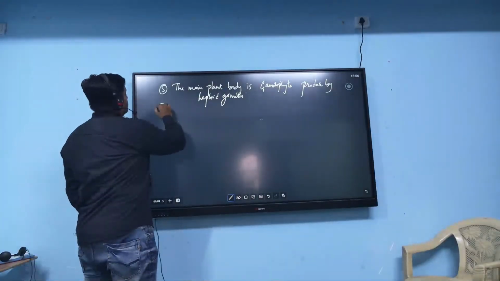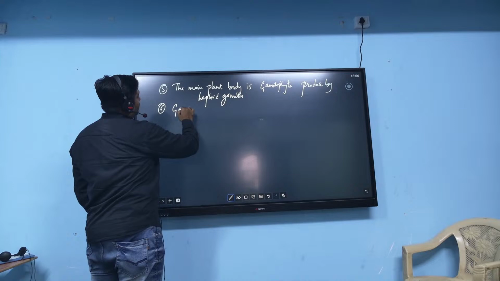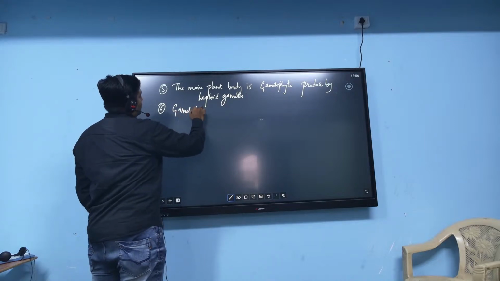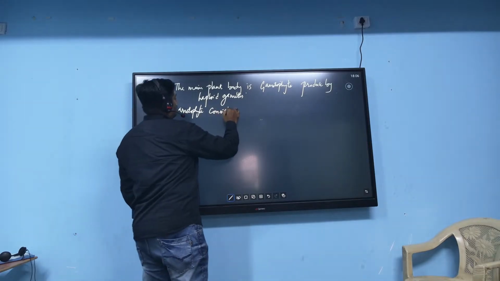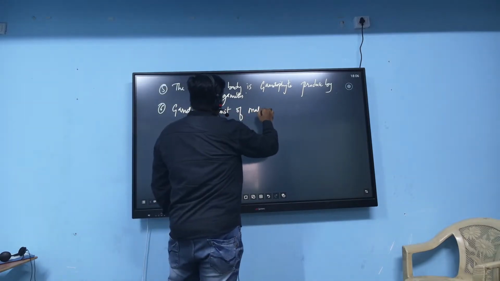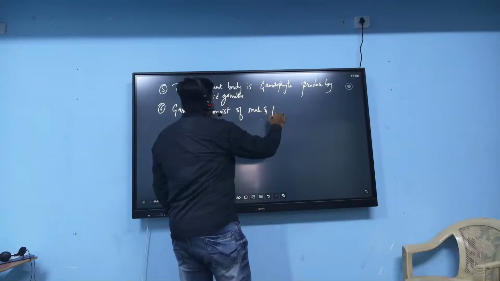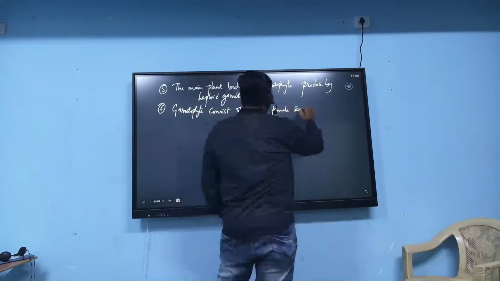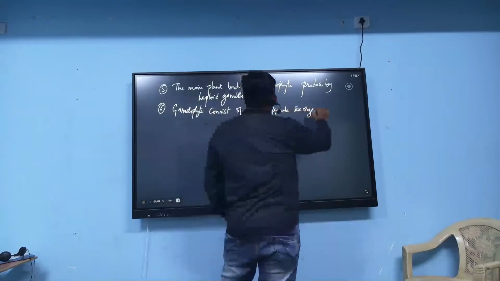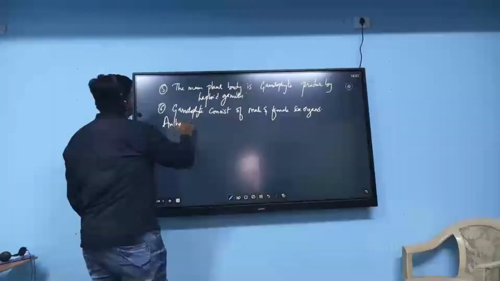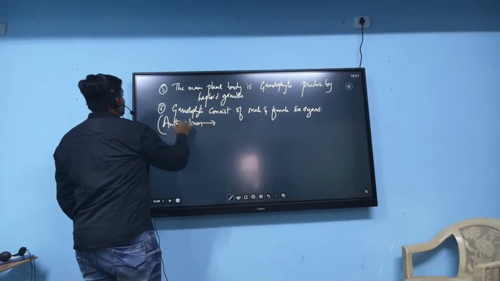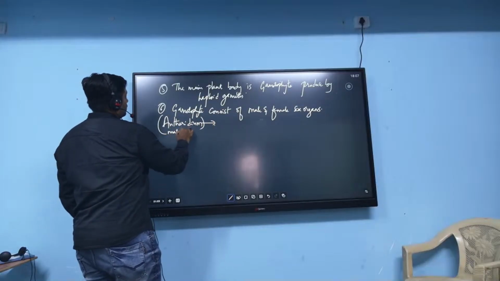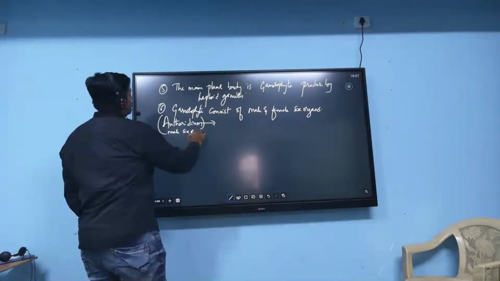Point number 6: the gametophyte consists of male and female sex organs. Antheridium, this is the male sex organ, produces biflagellated antherozoids.